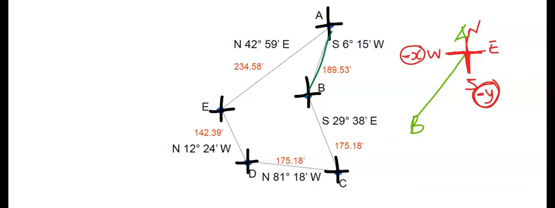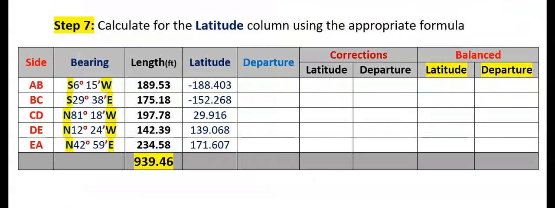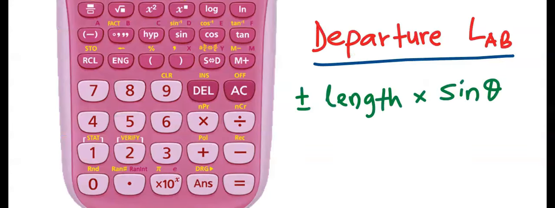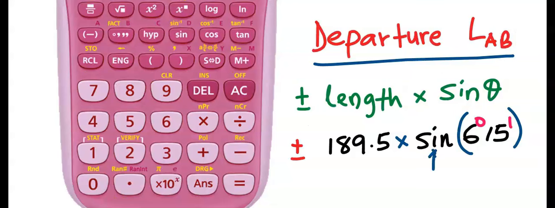Hence, for A to B, my latitude is going to be a minus, and my departure will also be a minus. Hence, A to B will be negative. That's why this latitude is negative. And for the departure, it is the same length for A to B and the same bearing. The difference is the sign.